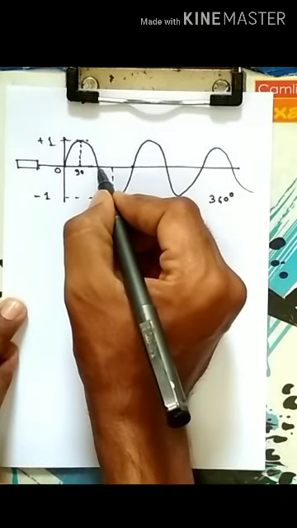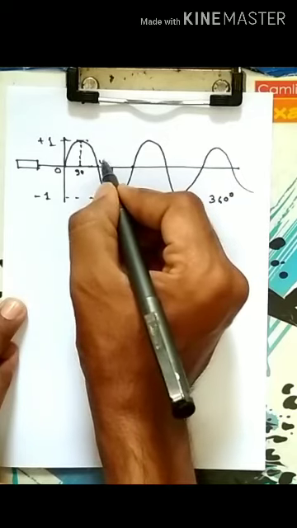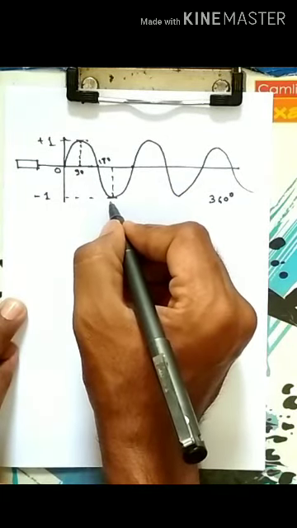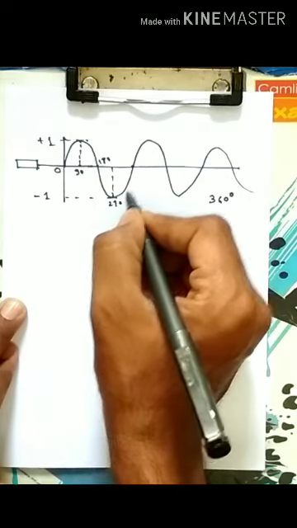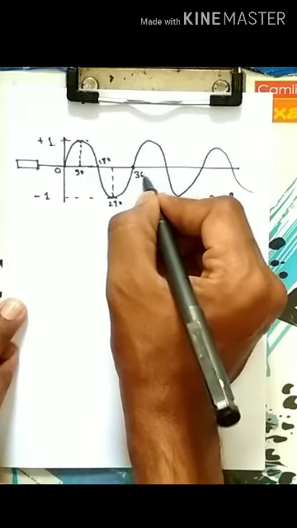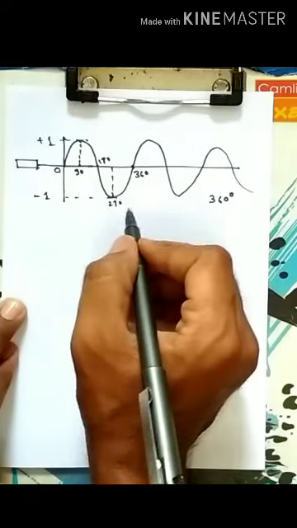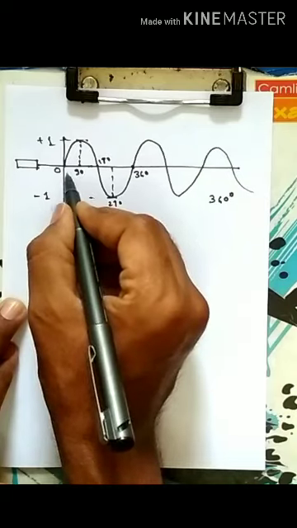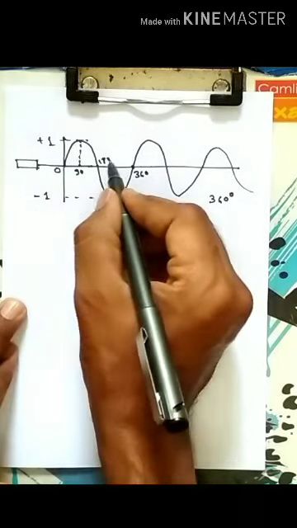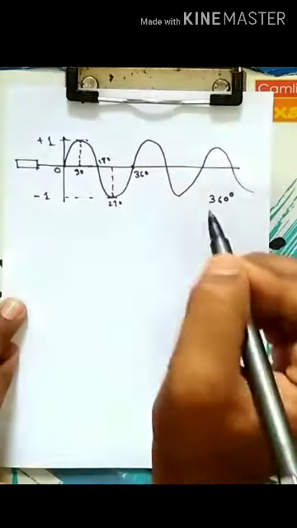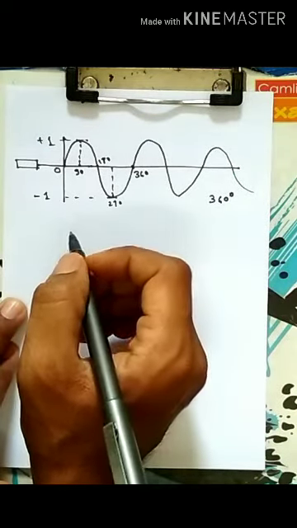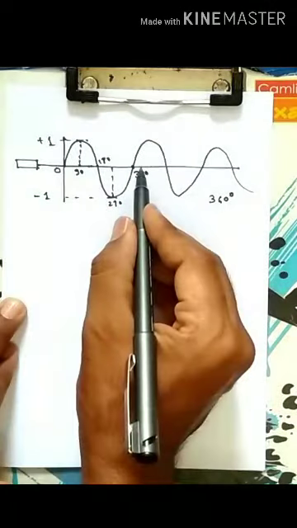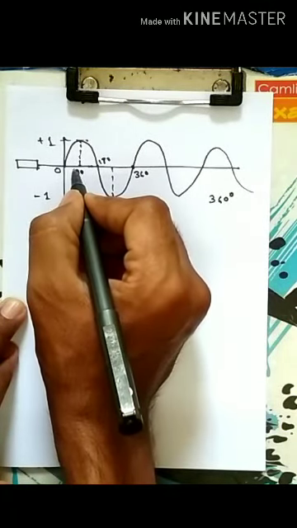This is 90 degree, this is 180 degree, this is 270 degree, and at that point it is 360 degree. So the angular displacement in one cycle I may divide into 0, 90, 180, 270 and 360 degrees. So let us first divide this length from here to here into some particular parts.